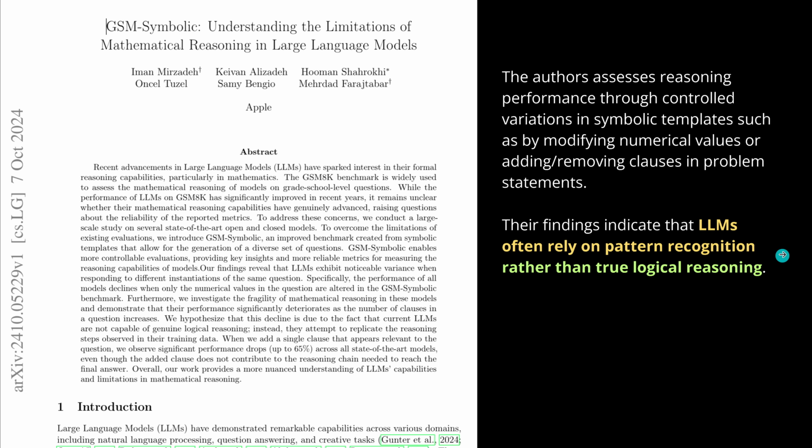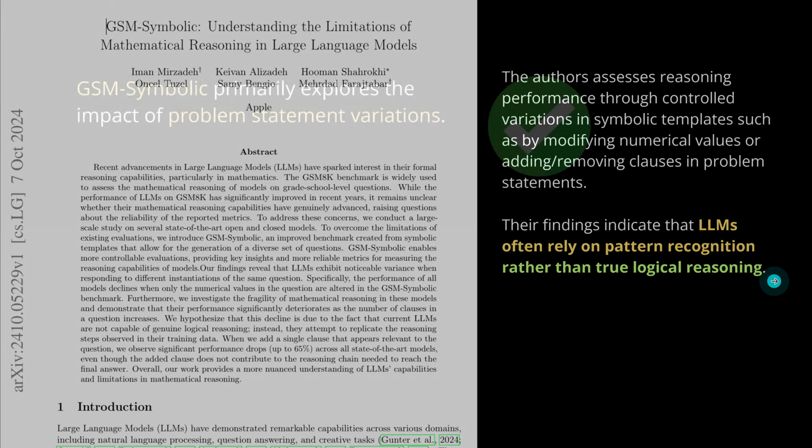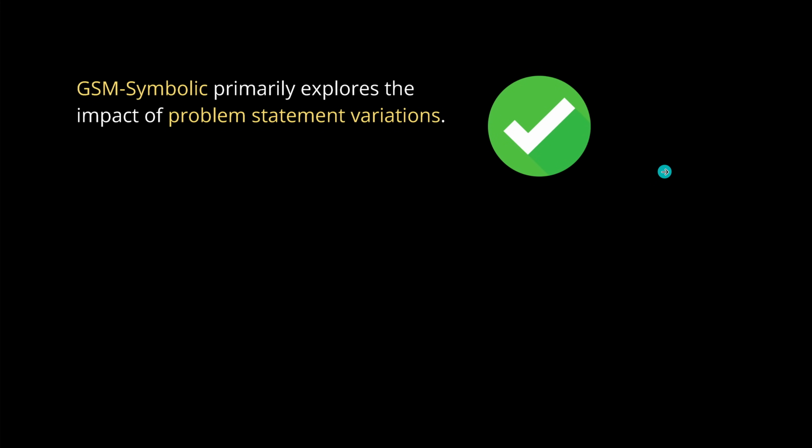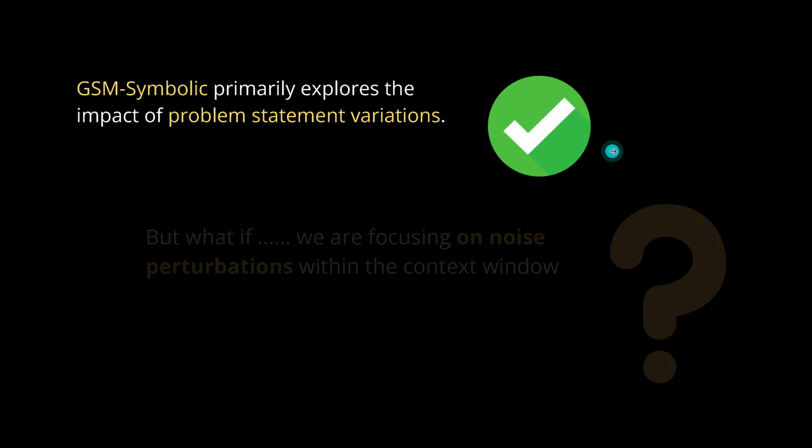And this is what an AI is, no? It is a pattern recognition machine. But we want it to be super hyper intelligent and do some true logical reasoning. So this was a bit of a drawback pointed out by Apple. Said, hey, what does Apple know about general intelligence? Nothing. So this GSM Symbolic explored the impact of problem statement variation.